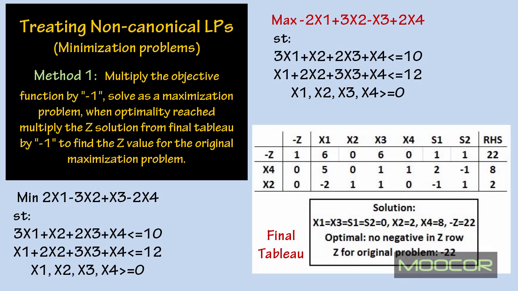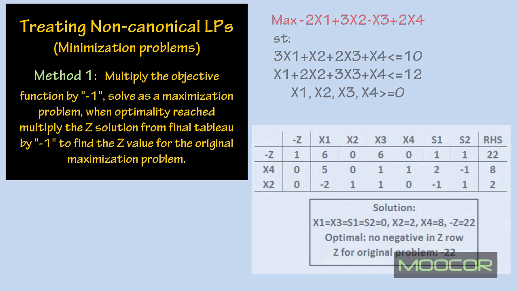If I solve this, eventually the final tableau will be given as the one that you see in here. The optimal solution for the objective function is 22, and I will remember to multiply this value by a negative sign to get the original minimization problem value.